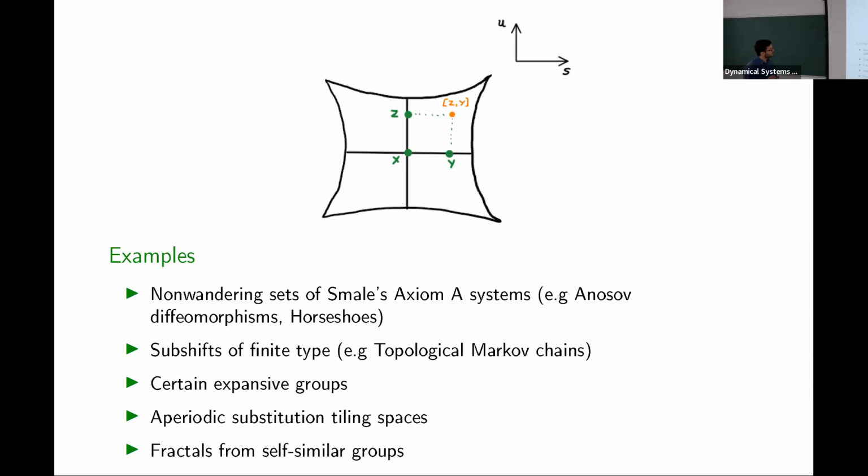You take any point x in your space X, and let's assume that the vertical direction is the unstable direction, and the horizontal is the stable direction. And now, whenever you take a point z in the unstable direction and a point y in the stable direction, and both are sufficiently close, then you can take the bracket map, and the bracket map will be another point.